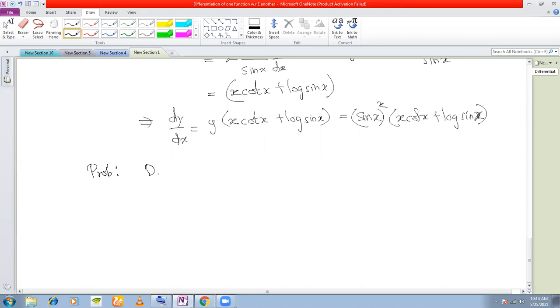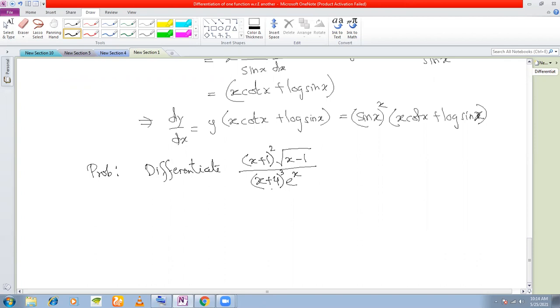So differentiate x plus 1 whole square root x minus 1 divided by x plus 4 whole cube into e to the power of x.